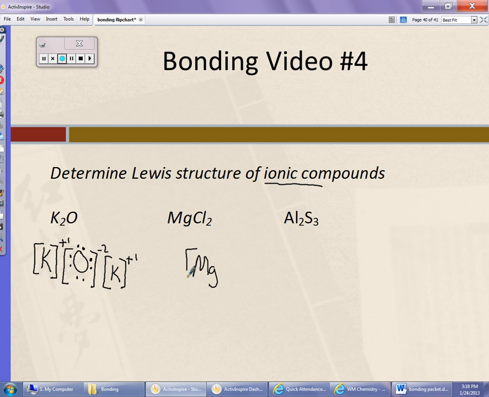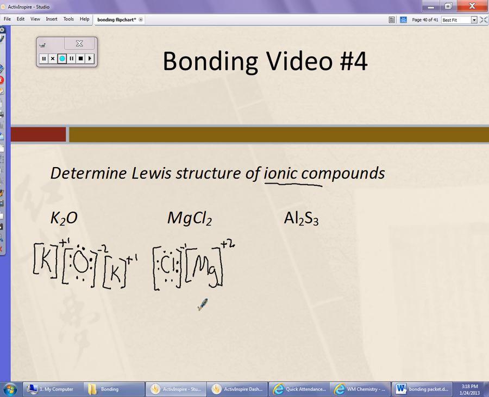Okay, magnesium and chlorine. Magnesium was a +2 charge. He was in the +2 column of the periodic table. He has no electrons because he lost them. Chlorines have gained their electrons. They now have 8, and a -1 charge.